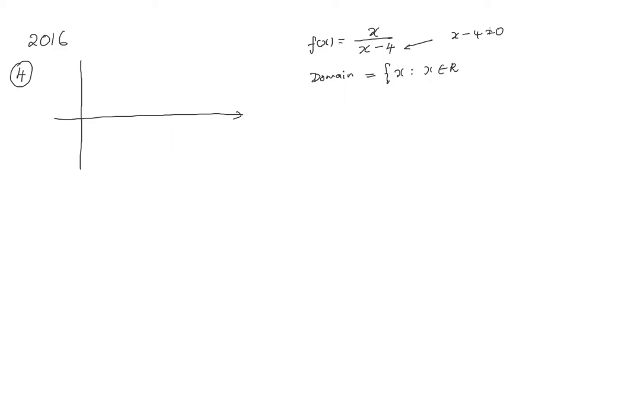Correct? So x cannot be 4. So the vertical asymptote is x equal to 4. Right? So that's why in the graph you have x equal to 4.